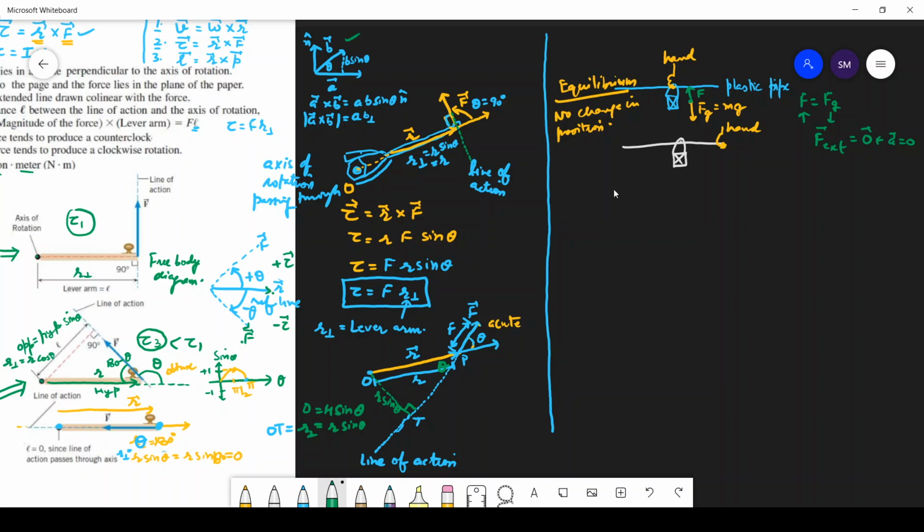So that's equilibrium. But here, you have now changed the position of your hand. Okay, and what you will see. So here, suppose the force was 10 Newton. Okay. The mass M was equal to 1 kg. Okay, M is equal to 1 kg. So the force was 10 Newton.